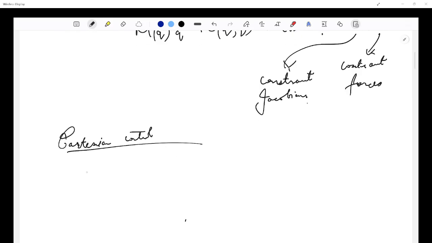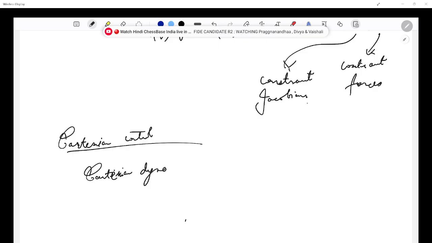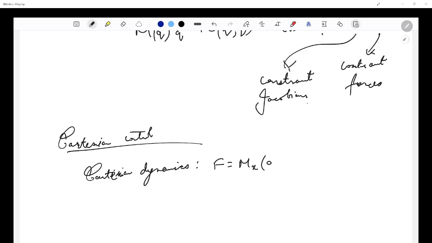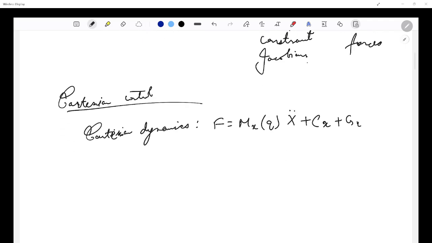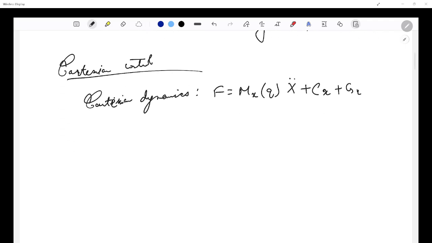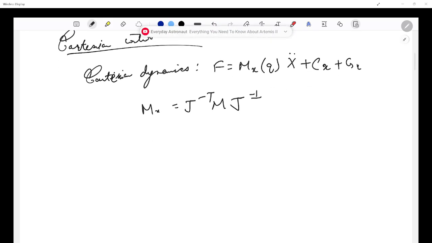So we write the Cartesian dynamics: F is M_x(q) into x double dot plus C_x plus G_x. If you have seen the lecture, you might have seen these terms coming in. I'm not going into the detailed derivation. What is important is the control law.